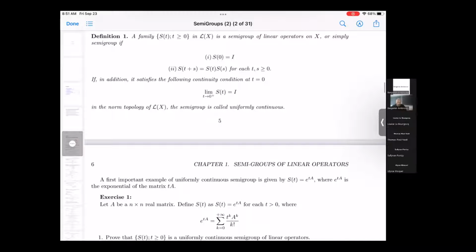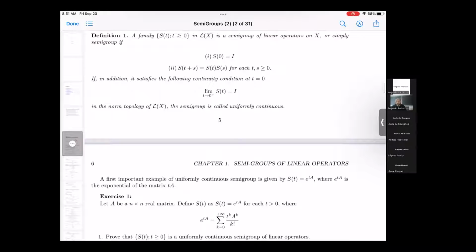So the first example of semigroups is the one that comes from ordinary differential equations. That is, you define S of t as the exponential of the matrix t times A, where A is a finite dimensional matrix n times n.